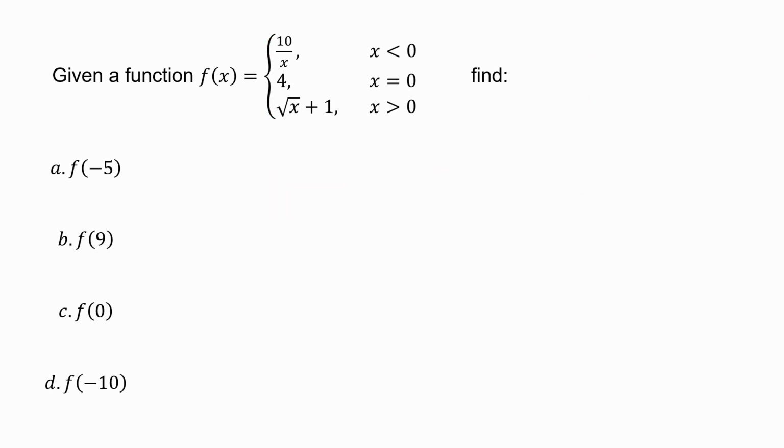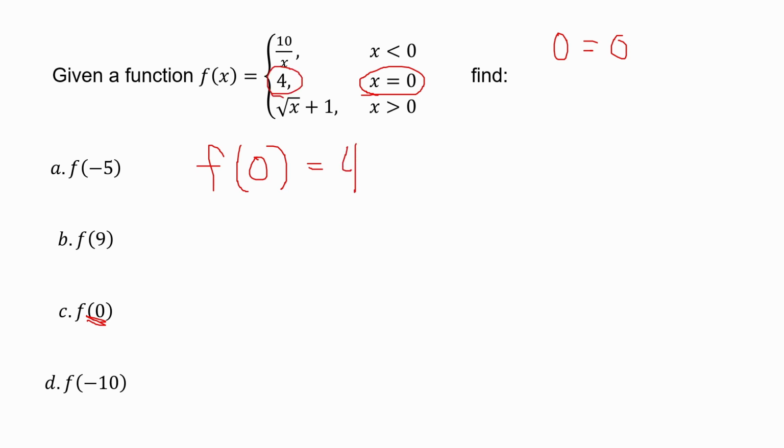Okay, now what we need to find is f of 0. We just have to use this since our x is equal to 0 here. So when x is equal to 0, our function is 4.